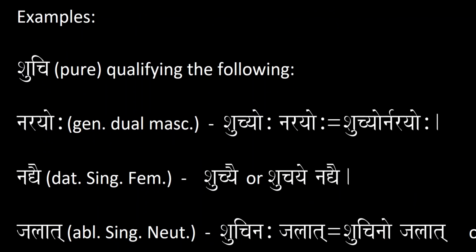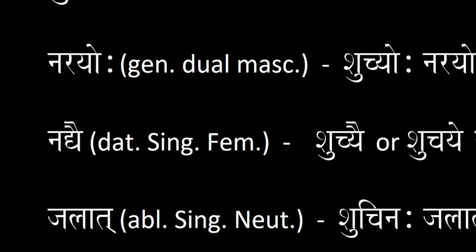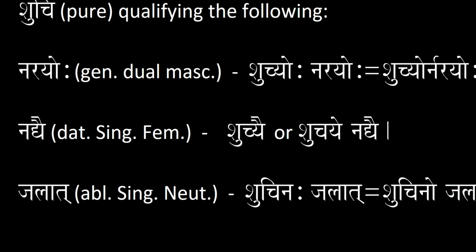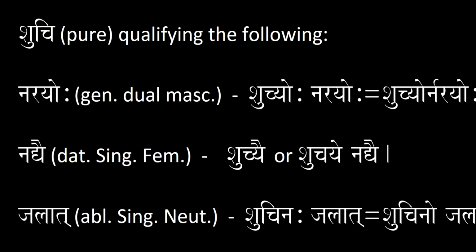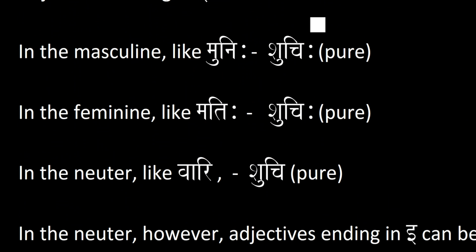Again, suchi means pure, and here are examples. We have narayoho, a masculine noun, dual and genitive. Since that's masculine, suchi is changed into suchihi so that it can be declined like munihi.